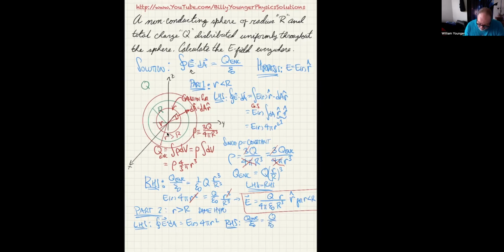So in this case, we get E is equal to Q over 4 pi epsilon naught r squared r hat.